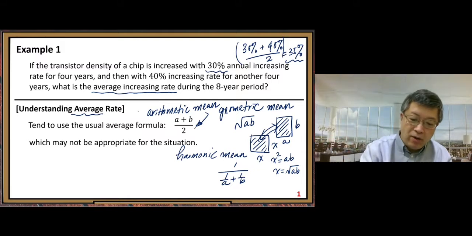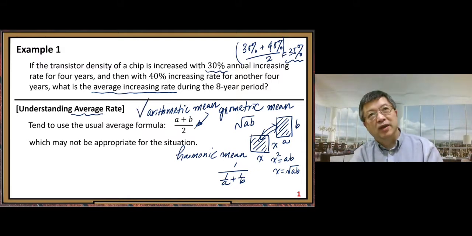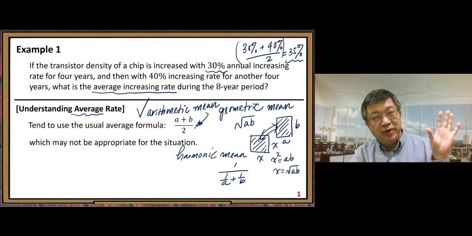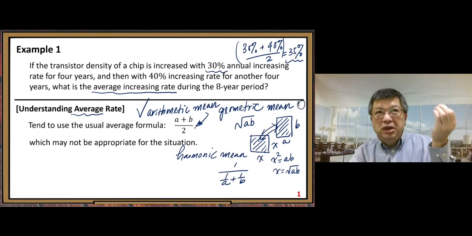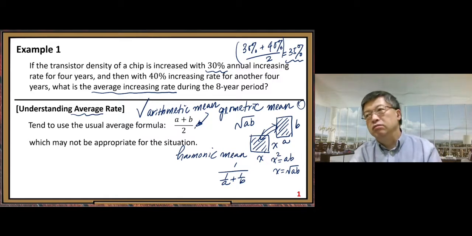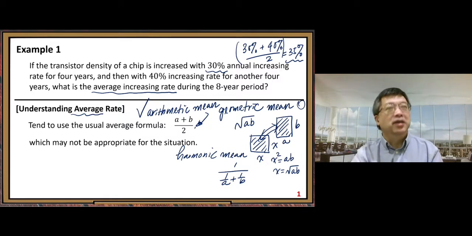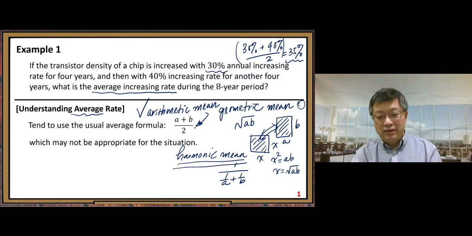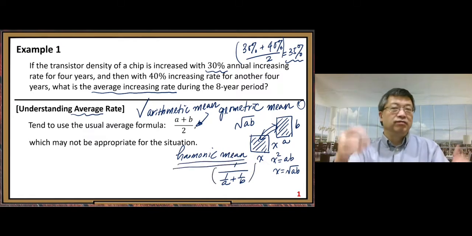Although the most popular one is arithmetic mean. Geometric mean, most people are not familiar with geometric mean. Harmonic mean, only a very small percent of people, less than 1%, know this name, harmonic mean.